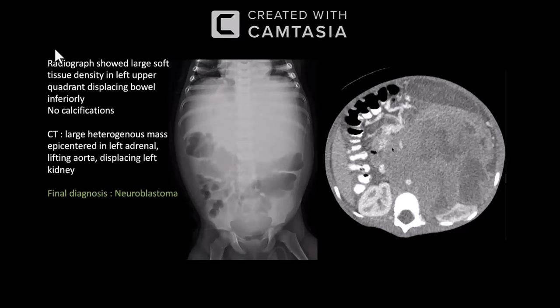CT scan was showing a large lesion, and you can see the aorta being lifted up. Lifted up aorta is a very typical sign of a neuroblastoma. Wilms tumor has to be one of your second differentials, but very less likely at the age of 2 months, and it is predominantly arising from the left adrenal gland, displacing the left kidney.